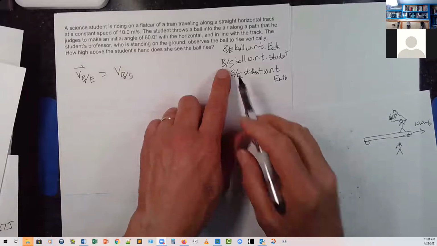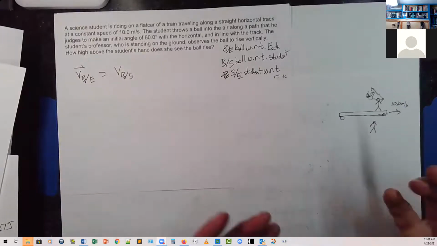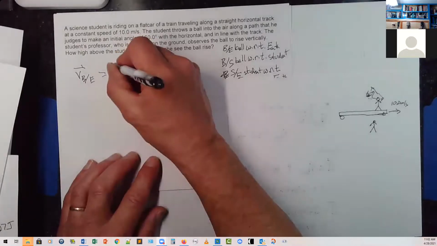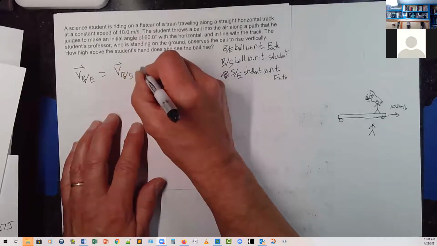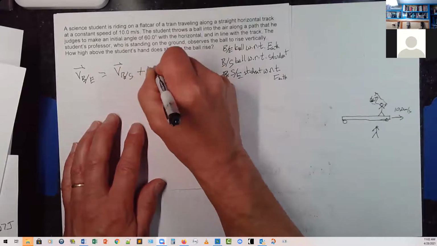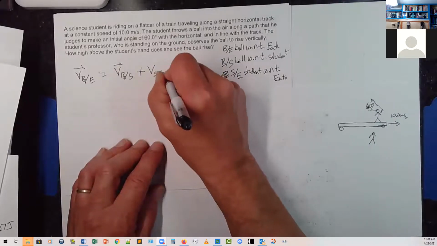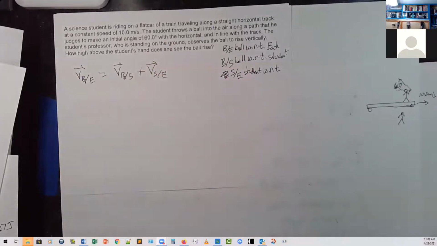The student is standing on the flat car, so they're our moving thing. We can think of them as being at rest with respect to the flat car. So there's the velocity of the ball with respect to the student, plus the velocity of the student with respect to the Earth. And so I think I can draw a triangle that will illustrate this.